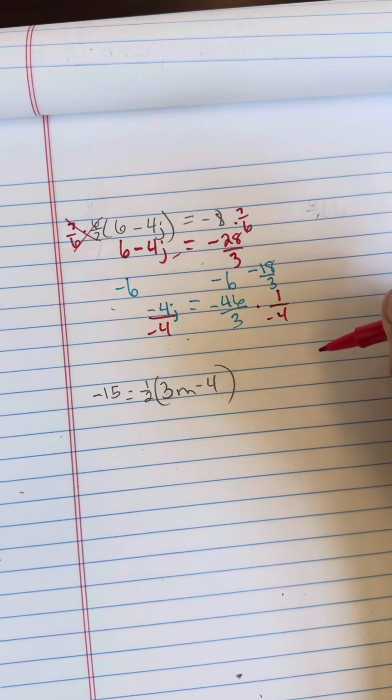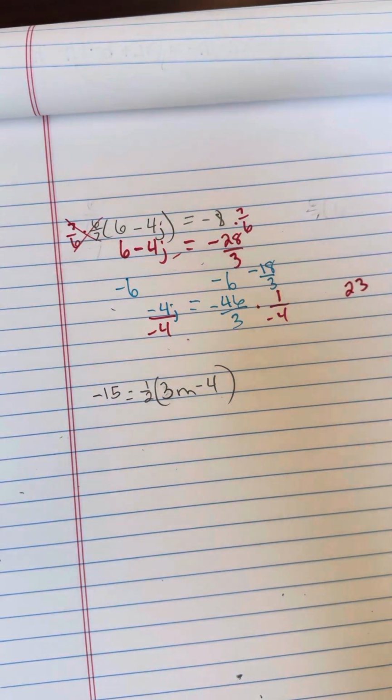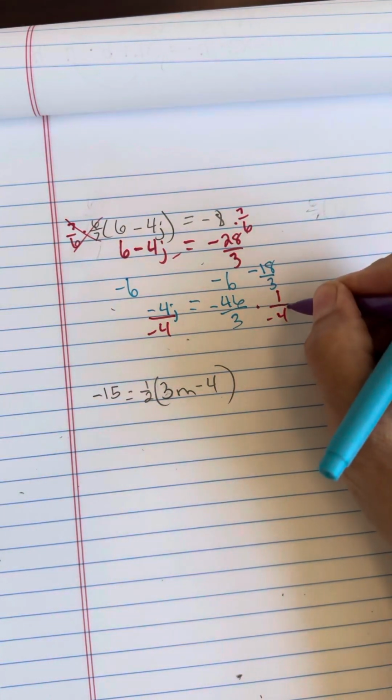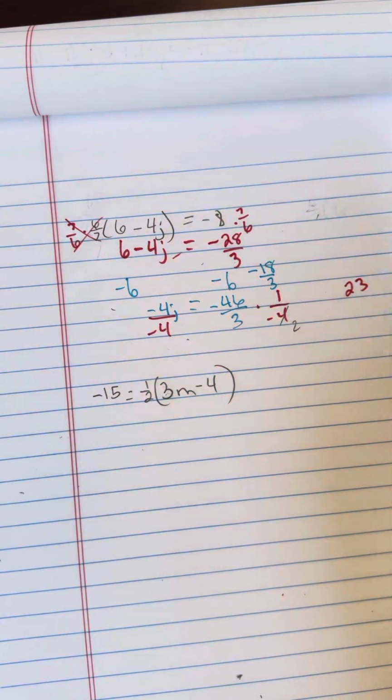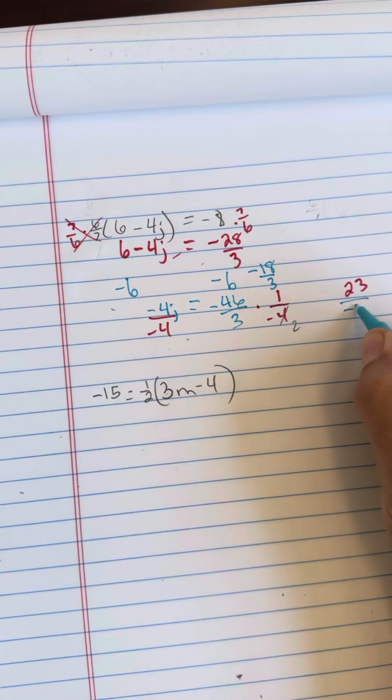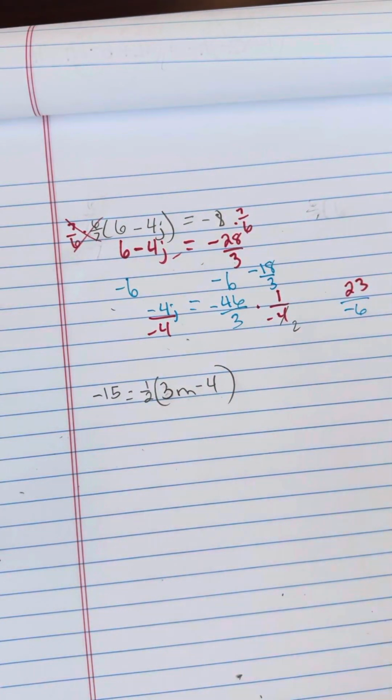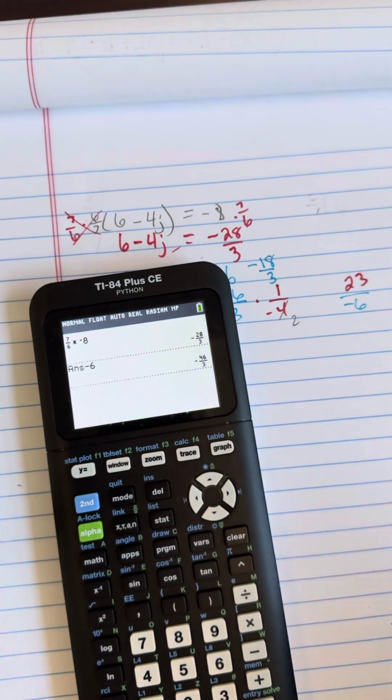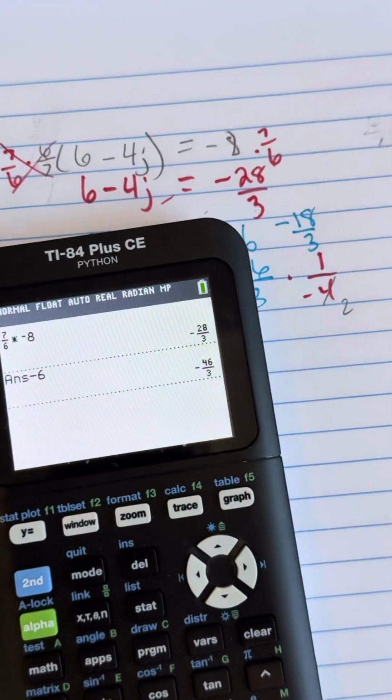So we can take out 2, and 46 divided by 2 is 23. And then that turns into 2, and 2 times 3 is 6. So negative 6.